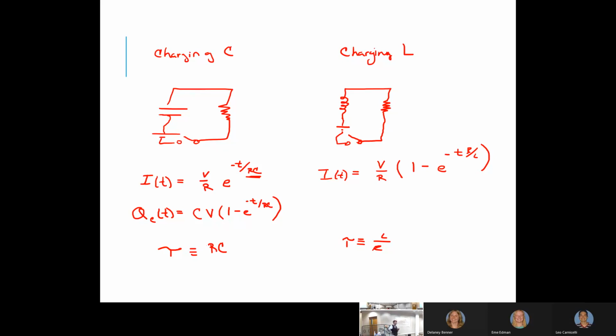Time constant. What's the unit of tau? Seconds. Okay, good. So it turns out that a Henry divided by an ohm is still a second, just like an ohm times a farad is a second. You could break it down into base units and figure it out, but you'll find that you get a second out of it at the end of the day.